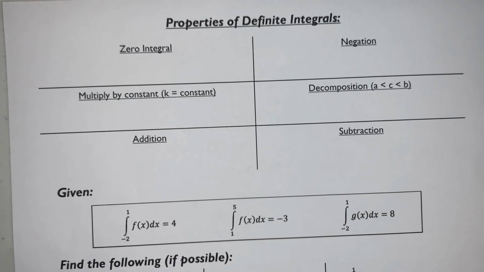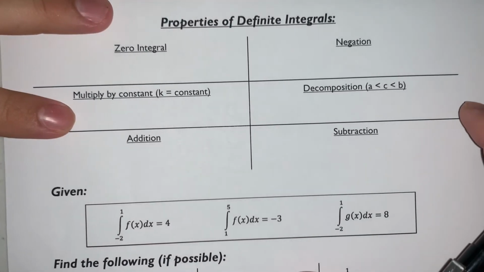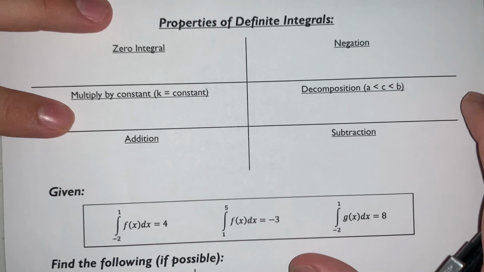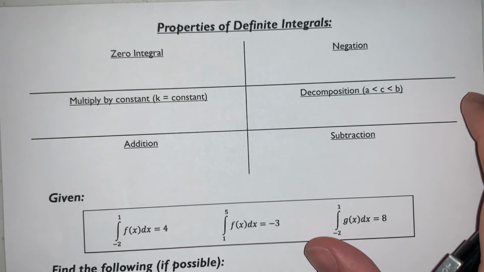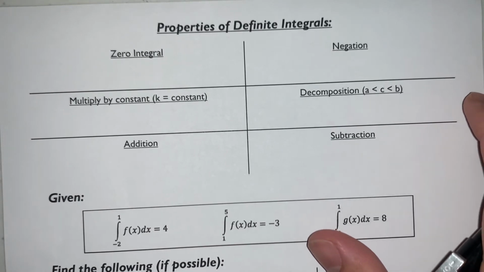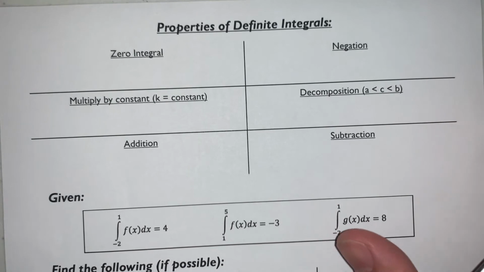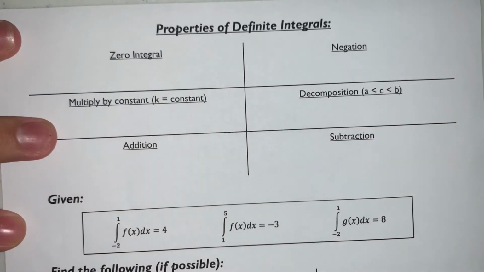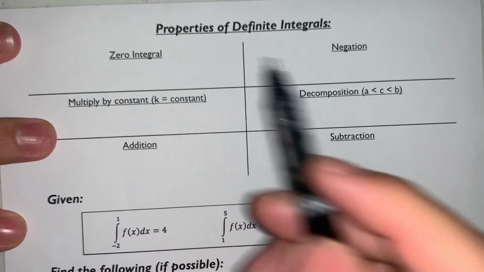A lot of times half of the battle in calculus is manipulating your integrals or your function, or whatever problem you're working with, to where it's easier to apply the calculus rules that you know. It requires good knowledge of algebra, which I know is a lot of people's weak area, but that's fine.